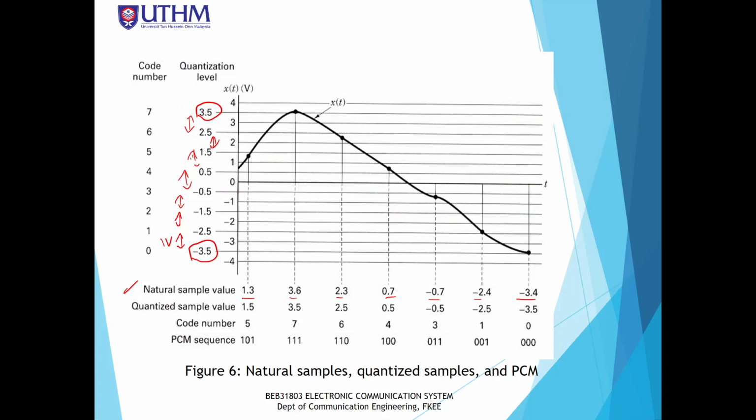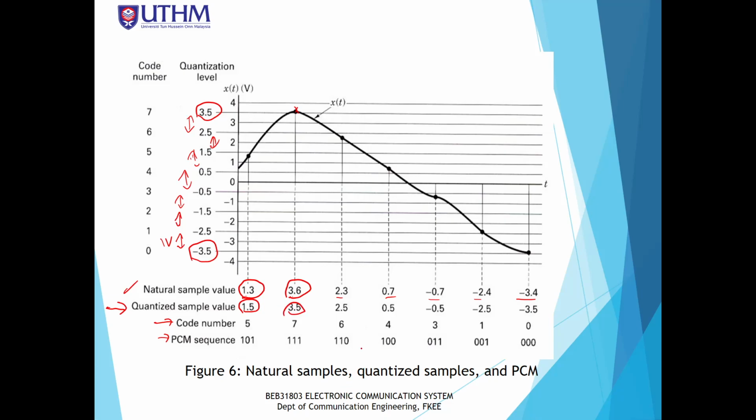Okay, so for example, if the sample value is 1.3 volt, we need to round it up to the nearest quantized level, which is 1.5 volt. You don't need to see the last 2 lines. The last 2 lines are about the encoding process, which is the next process. We want to see this process at the quantized level. The second sample is 3.6, so the nearest quantized level would be 3.5.